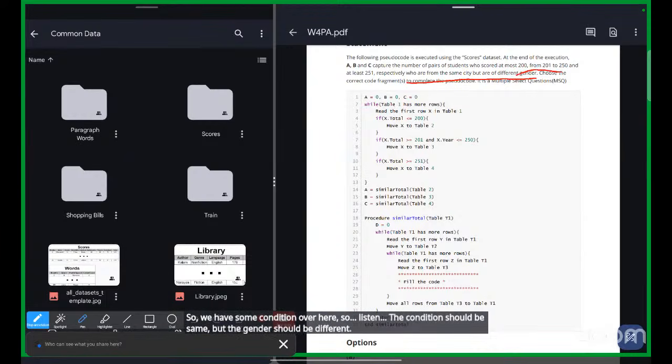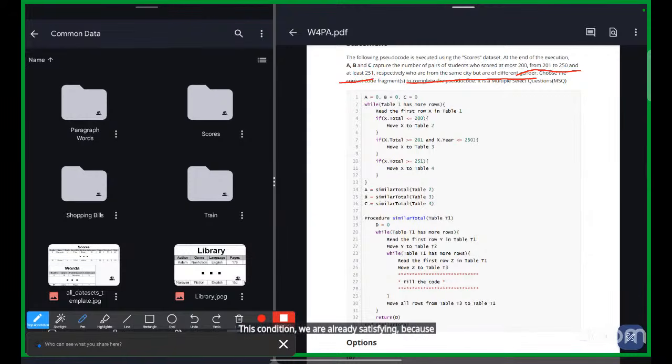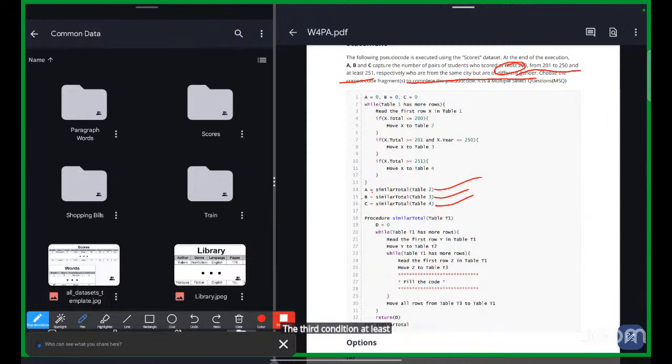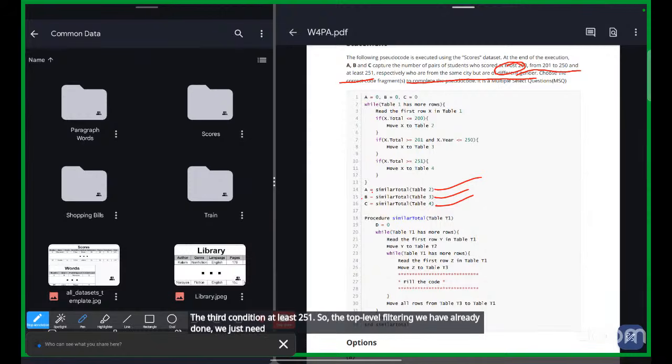This condition we are already satisfying because we created three different tables, and based on that, here we are doing the operation for a variable a in table 2 only, which if you remember was satisfying this condition, and similarly b was satisfying the second condition from 201 to 250, and c, table 4, was satisfying the third condition, at least 251. So the top level filtering we have already done. We just need to take care of same city but different gender. So we just have to check this condition.